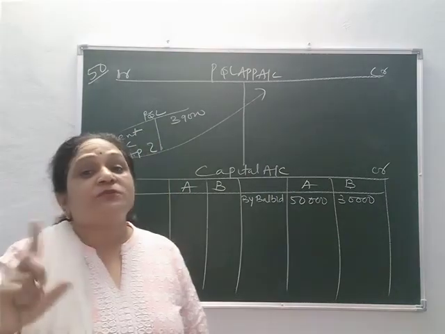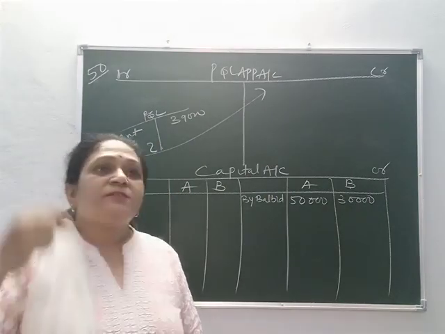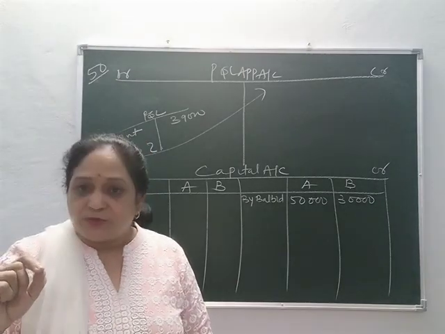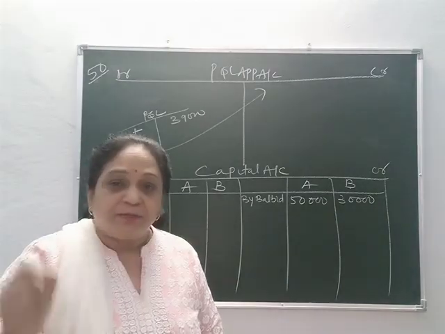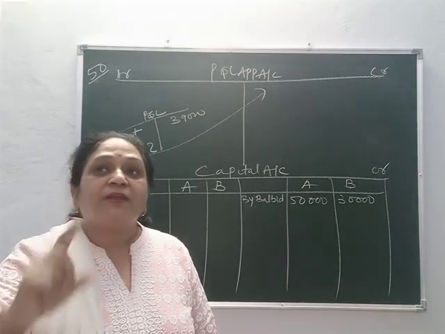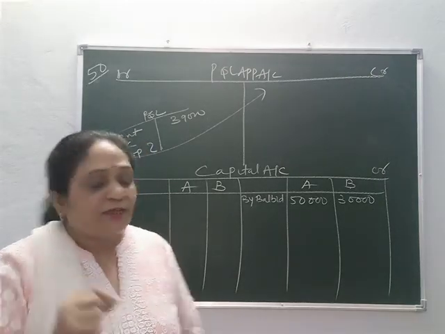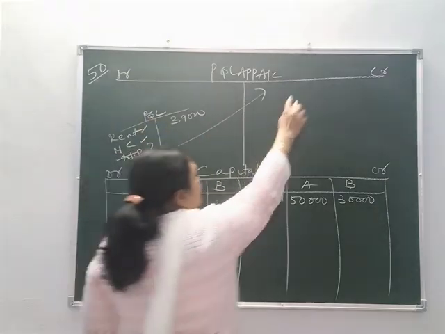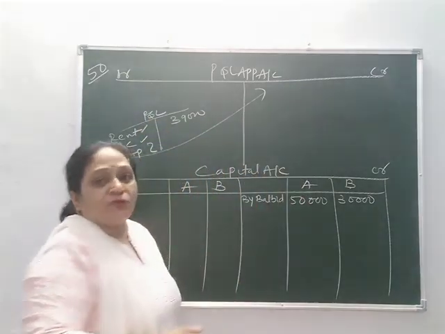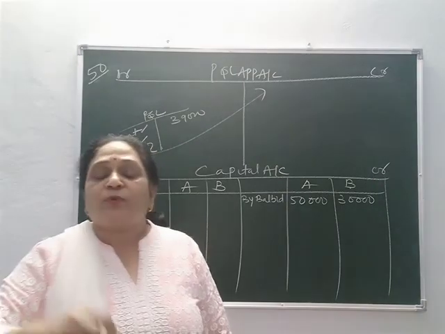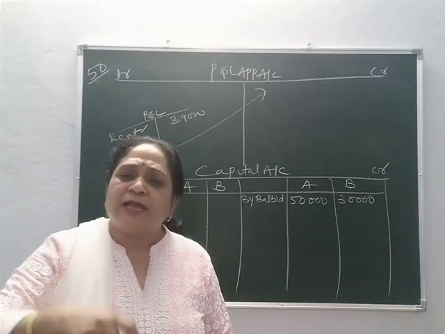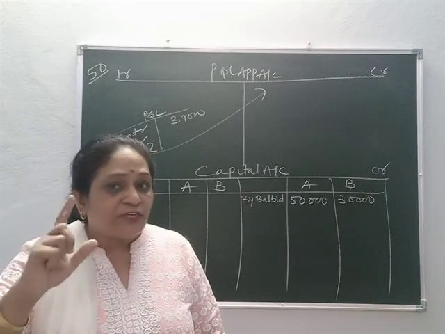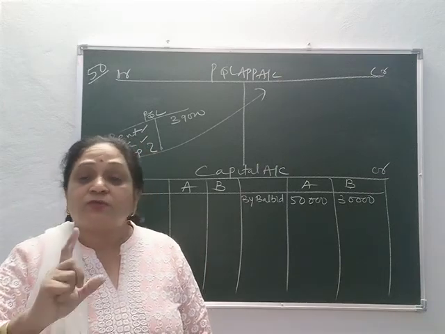This is the actual procedure. But suppose you don't want to prepare a P&L account, you can, but first you have to subtract the charges out of the profits. That is, first you have to subtract the rent and manager's commission out of the profits available to you, and then you have to appropriate the interest on capital, salary, etc., which I had already explained in your earlier videos also.